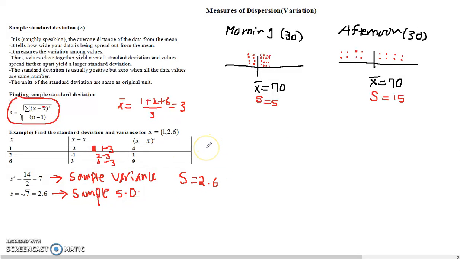So what does that mean, 2.6? We have to understand this. It is the average distance from the sample mean. Now, if the given distribution is normal, let's say we will talk about this later, but if the distribution is normal, then this is what the sample standard deviation simply means.